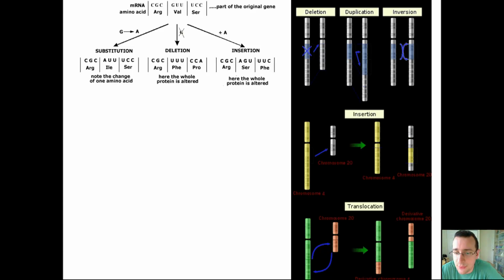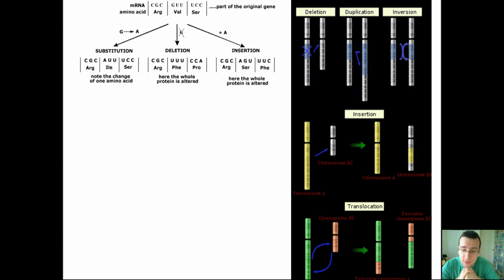And gene mutations have to do with changing the sequence of the DNA, for example, insertion, which adds a new base, or deletion, which deletes a base from the code and therefore shifts the entire code to the left or to the right, which is called a frame shift mutation. So insertions and deletions are frame shift mutations.